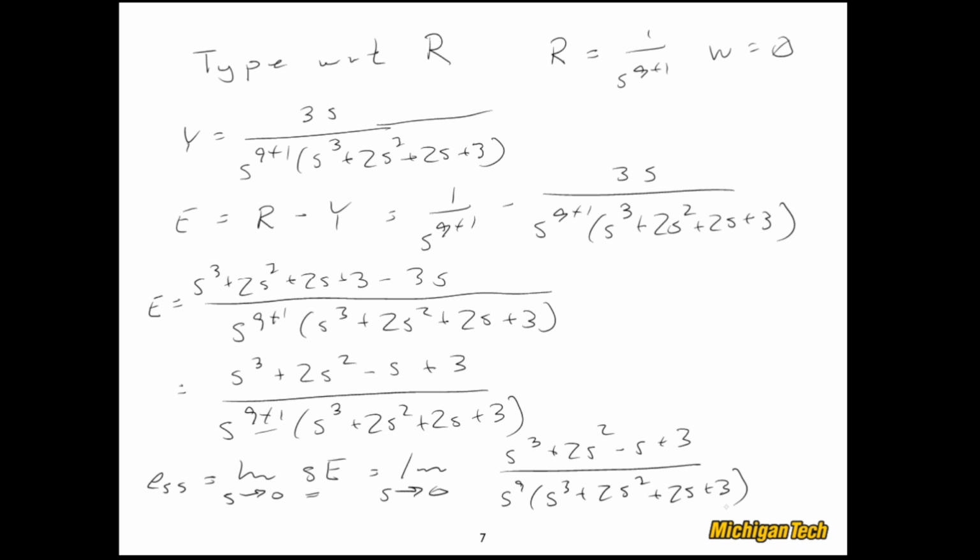And now I start marching along with that analysis approach, where I start off by setting q equal to 0. So let me rewrite this. S times e was equal to s cubed plus 2s squared minus s plus 3 over s to the q, s cubed plus 2s squared plus 2s plus 3. So I set q equal to 0.